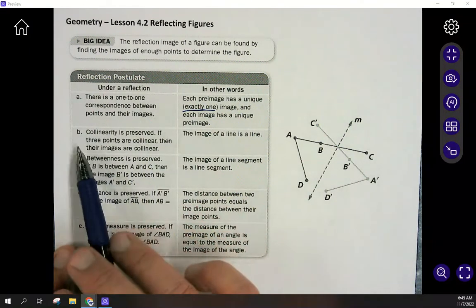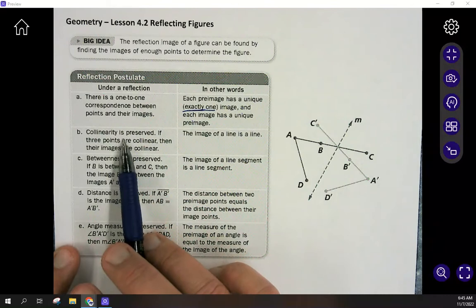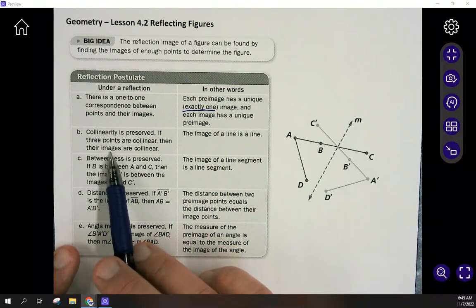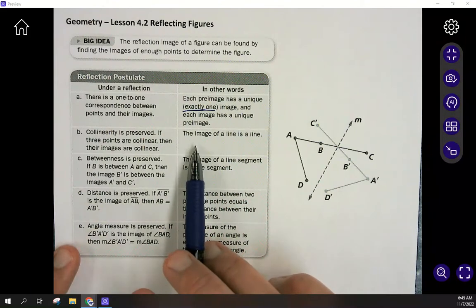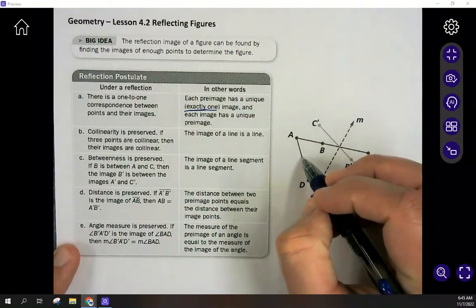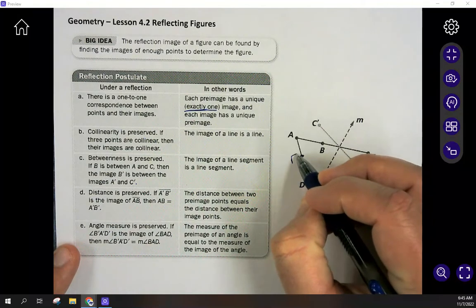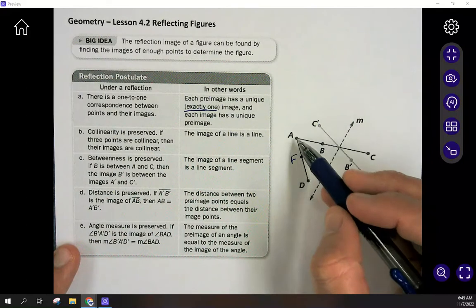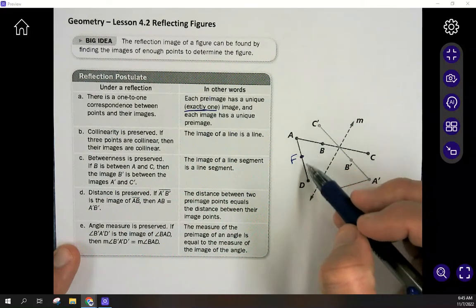That's A. Letter B. Collinearity is preserved. If 3 points are collinear, then their images are collinear. So basically, the image of a line is another line. So if I was to put another point here, let's call it F. All right, these 3 points right here are collinear when I started, right? They're all on the same line.